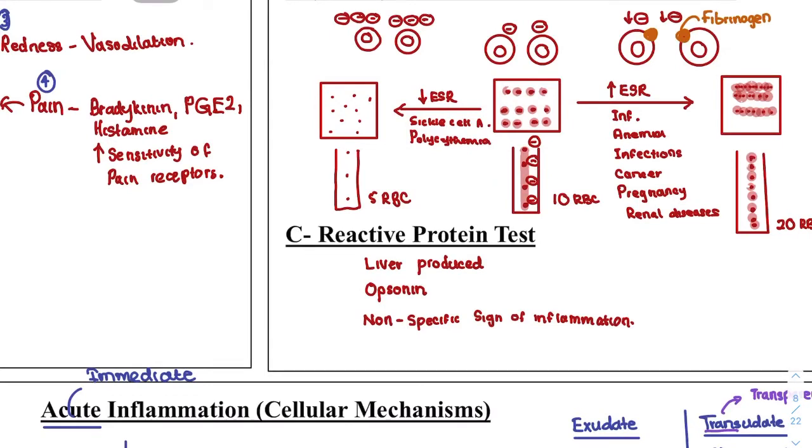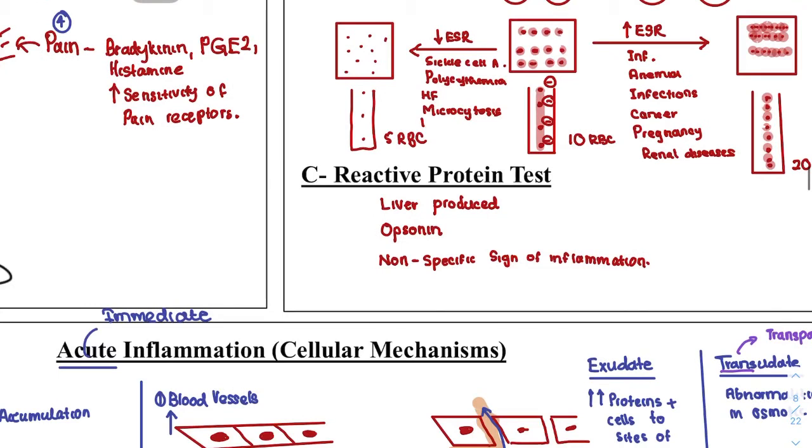Next, we have heart failure, microcytosis. So what is microcytosis? That's when the size of the red blood cell has become small. And finally, we have hypofibrinogenemia. Low fibrinogen.